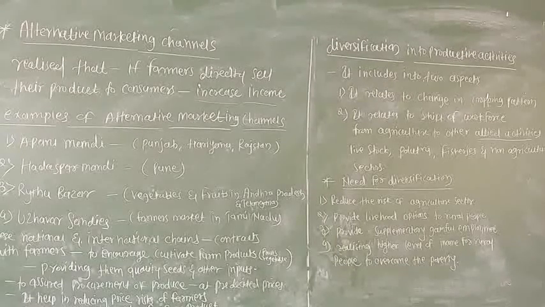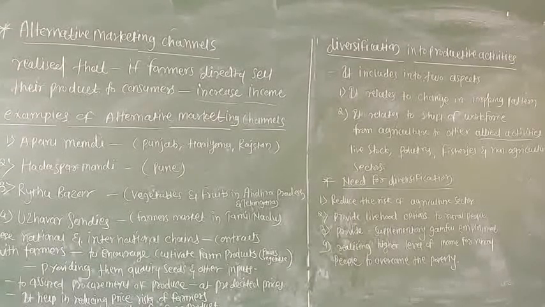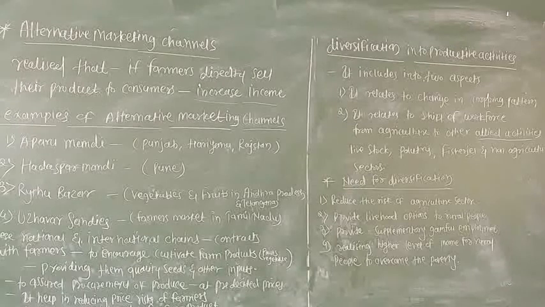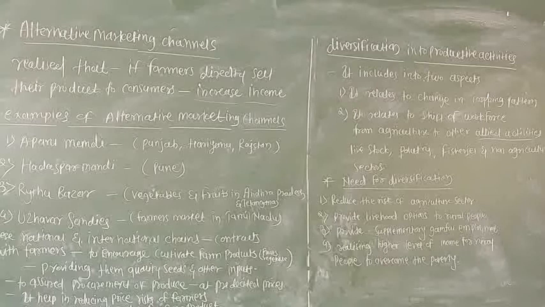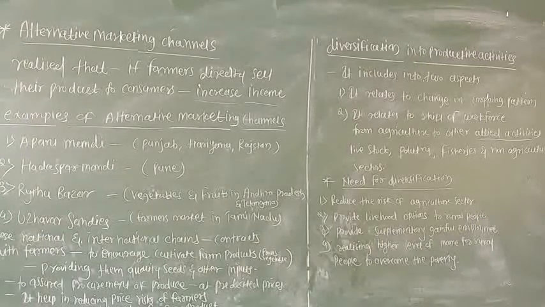So expansion into other sectors is essential to provide supplementary gainful employment to the rural people. Likewise, realizing higher levels of income for the rural people. Why? Because to overcome the problem of poverty. So there is also a need to focus on the allied activities.